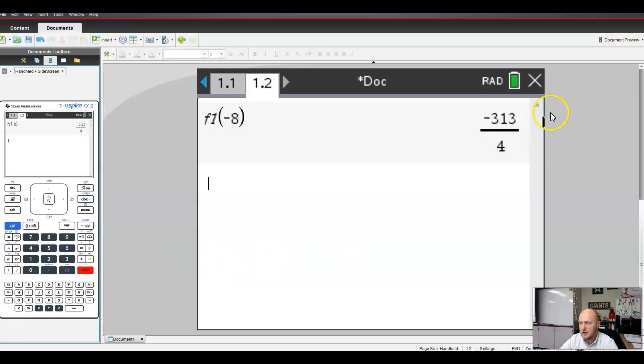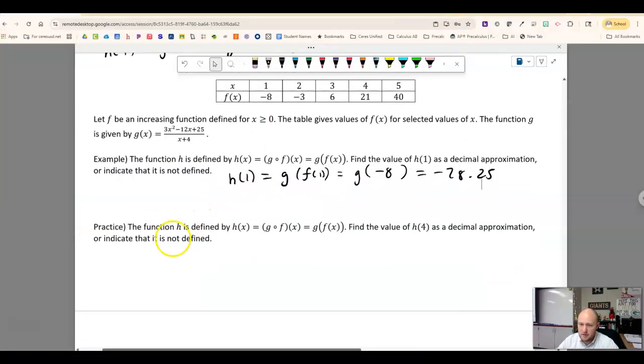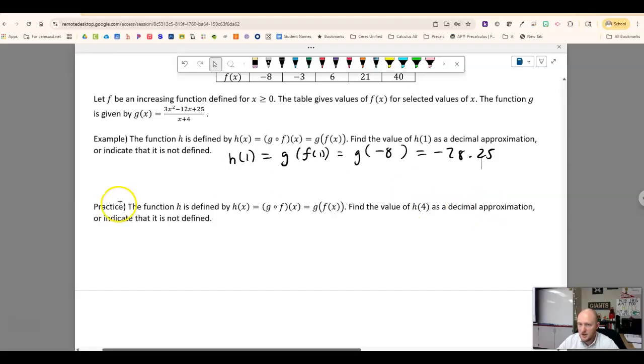So I hit enter, and I get -313/4. They want it as a decimal approximation, so make sure you hit Control Enter to get an approximation, -78.25. Okay? All right. Now that you have that stored, please practice doing this practice problem.